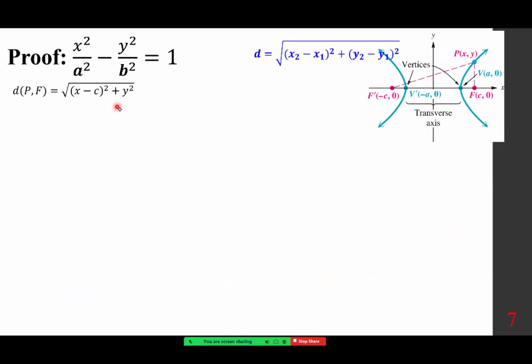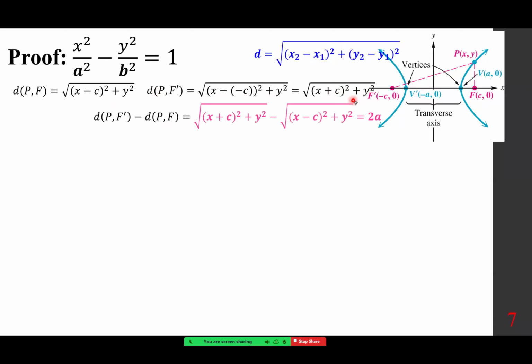And we're going to look at PF prime, which is x minus negative c, which makes it x plus c squared, and y minus 0 squared. And we know their difference adds up to a constant. And we showed the constant is 2a. So we are looking at this.